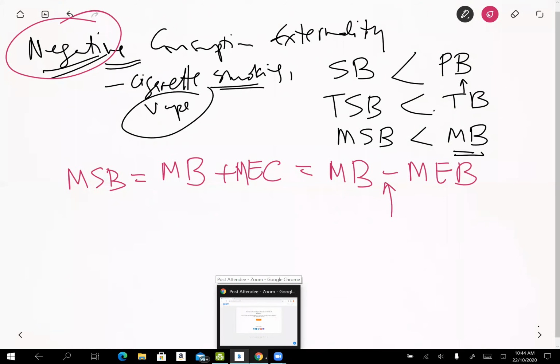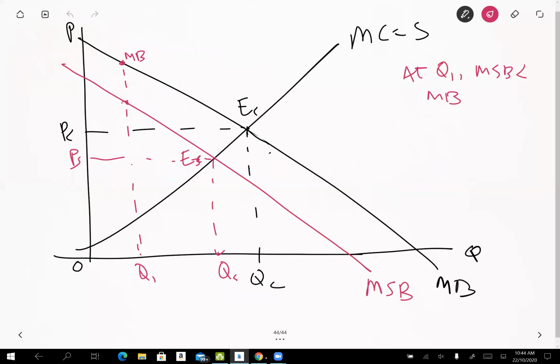That means the MSB will be less than the MB by the negative of the marginal external benefit, which is the marginal external cost. So you can view this as the marginal external cost is the negative of the marginal external benefit. So if I go back to the diagram, that would be the marginal external cost.